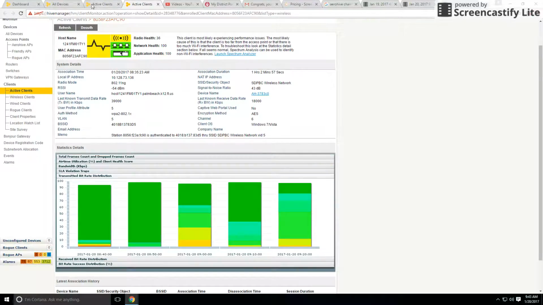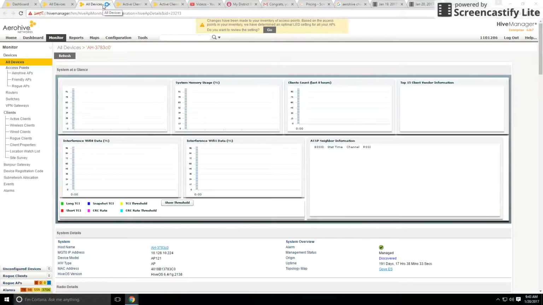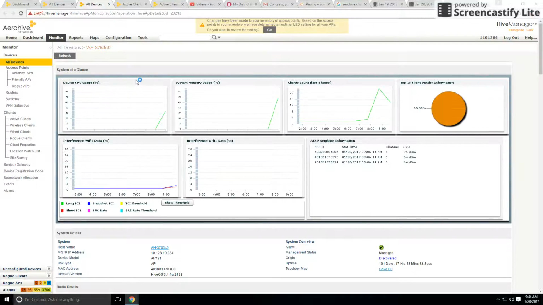So the other thing I will do here is I will check the access point health. So I'll just look at that. We can certainly see that on the 2.4 gigahertz radio, we're seeing some modest levels of interference, but those really aren't that bad.